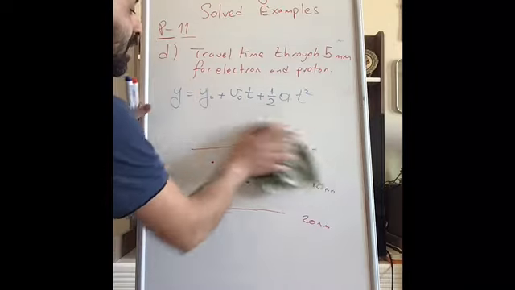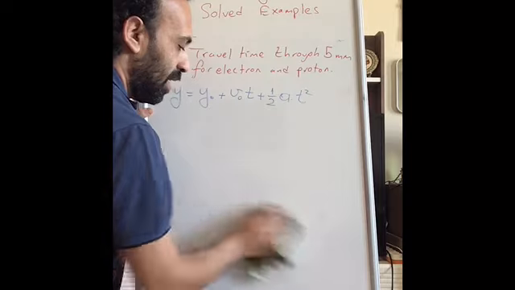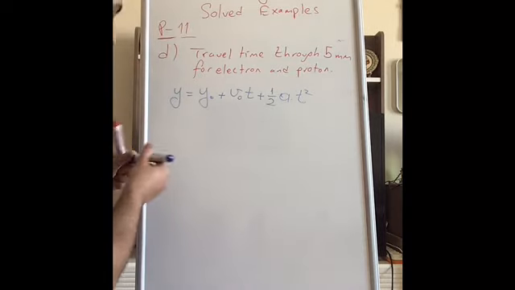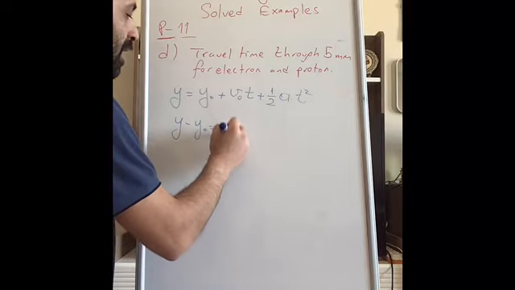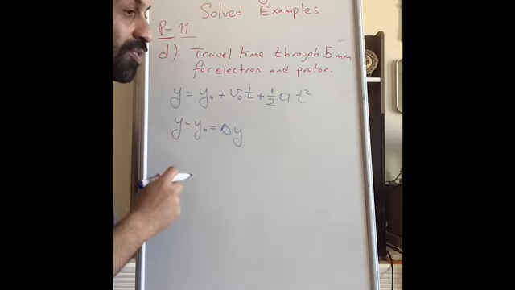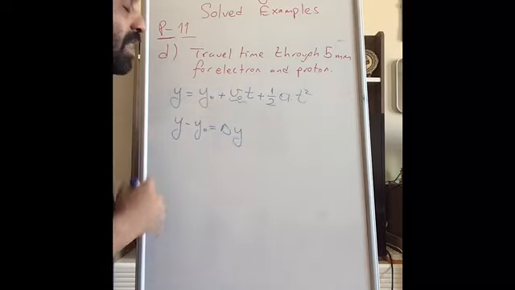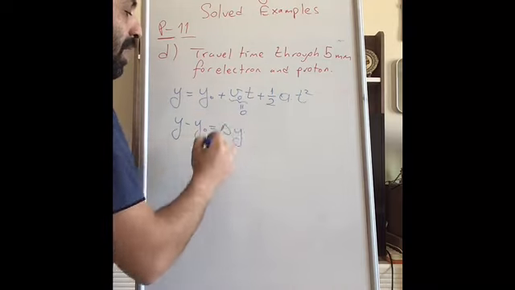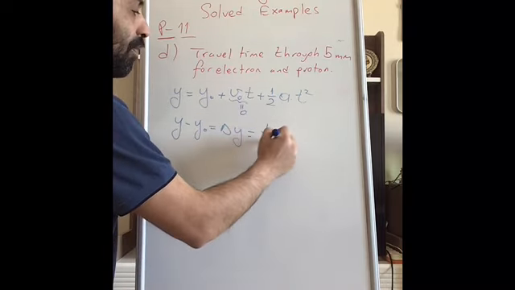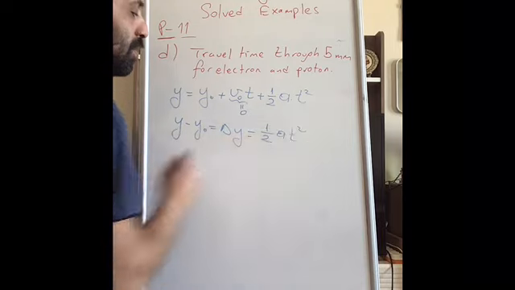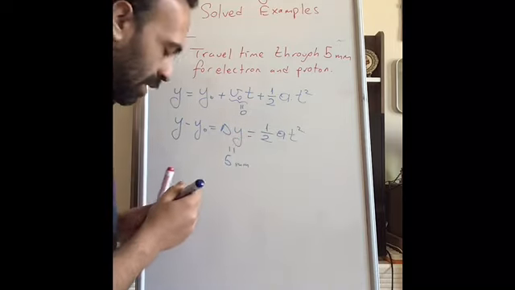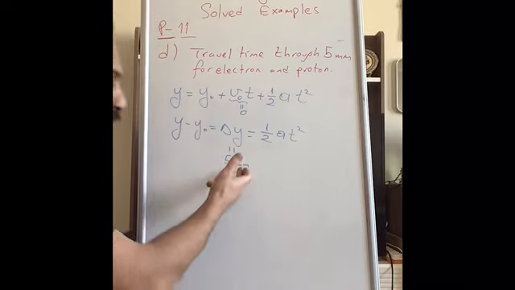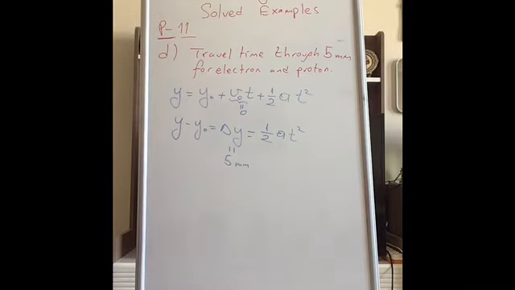So in general, I can write this equation as y minus y0, which is equal to delta y, and they are starting from rest, so v0 is equal to 0. I can write 1/2 a t squared, and delta y is equal to 5 millimeter in our problem. Of course, we need to convert it to meters before using it.